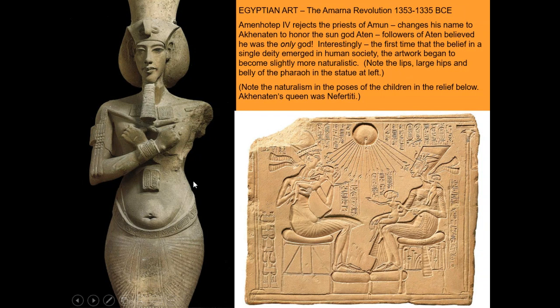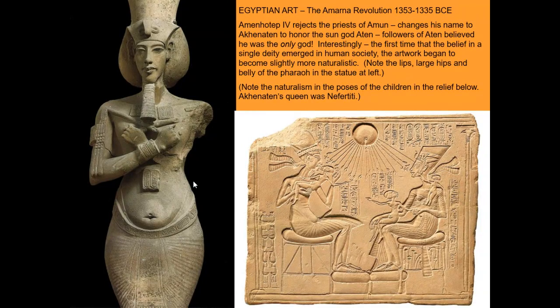You can certainly get a feeling that this is a little bit more personal and maybe even a more real depiction of what this person's body actually looked like, as opposed to those kind of perfect cookie cutter bodies that we saw when we were talking about the conventions of representation, how the Egyptians presented themselves in a very systematic and rigorously similar way.